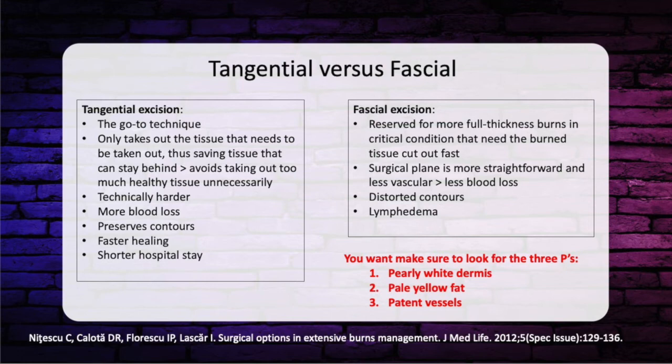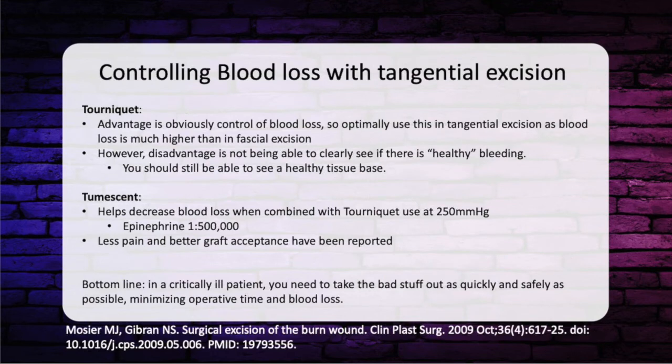Do you want to touch on tourniquet versus tumescent? Yeah, absolutely. So usually one or the other are used with tangential excisions. Since the fascial excision has minimal blood loss, both of these offer a benefit for controlling your blood loss in these patients that are already dealing with hypovolemia. It comes at a cost, though, because it's not really clearly seen if you're at a healthy level of bleeding.